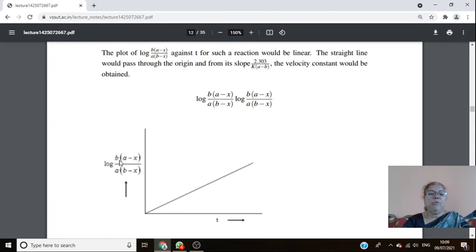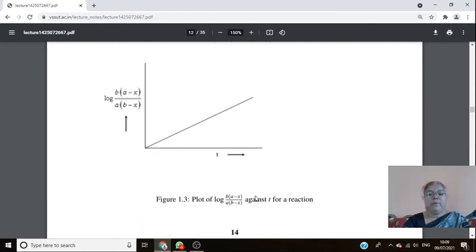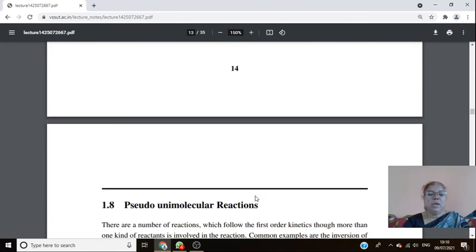When we plot the graph of these values on the y-axis and time values on the x-axis, we get the slope equal to k (A minus B) upon 2.303, or k equal to 2.303 into slope upon (A minus B). By using this formula, we can find the k values also.